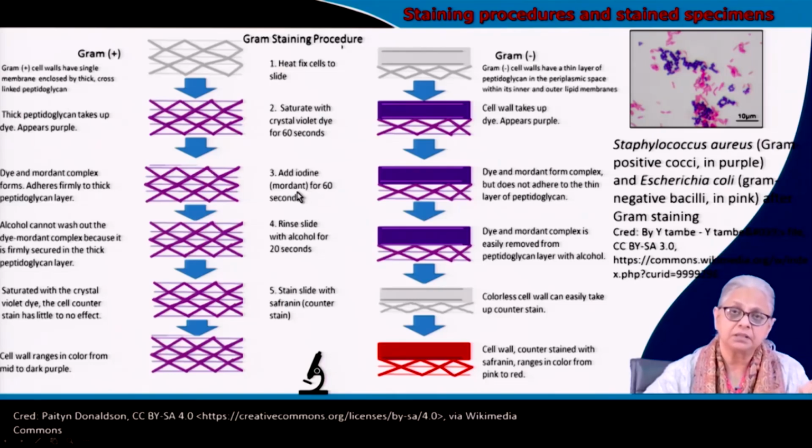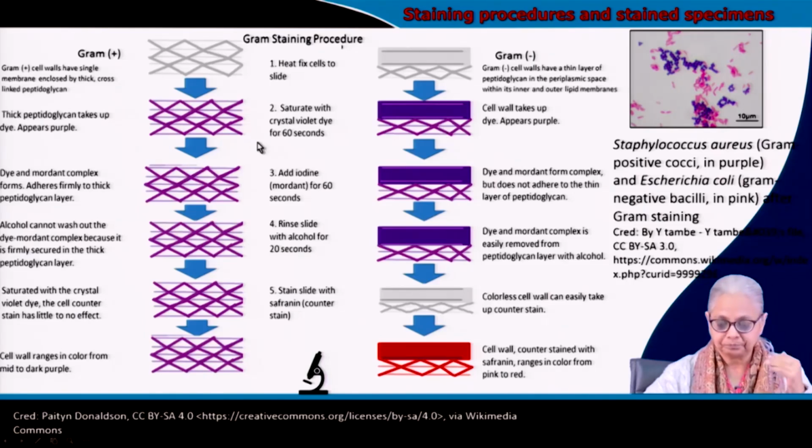We've already seen in cell biology that peptidoglycan is present in the cell wall of both gram-negative and gram-positive bacteria. What is the difference? Gram-positive has a thick peptidoglycan layer, and gram-negative bacteria have a very thin, maybe a single layer of peptidoglycan.